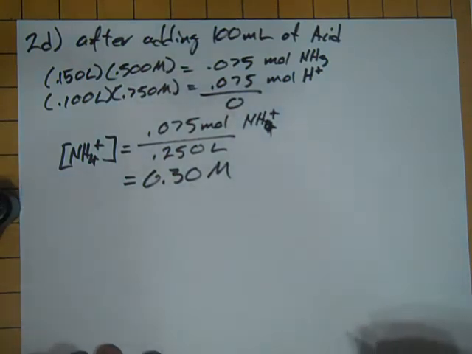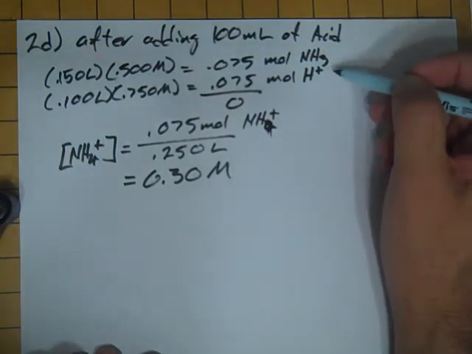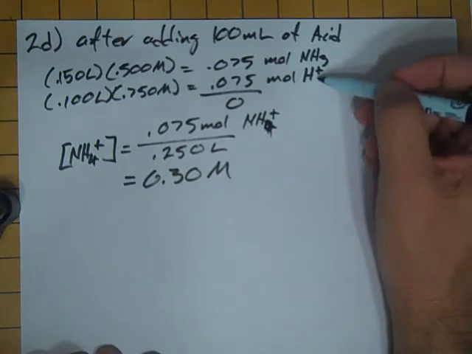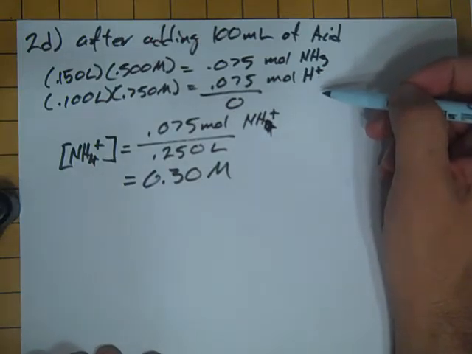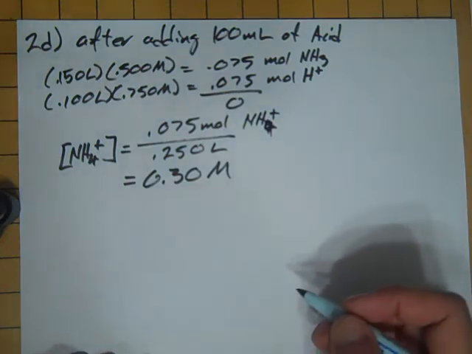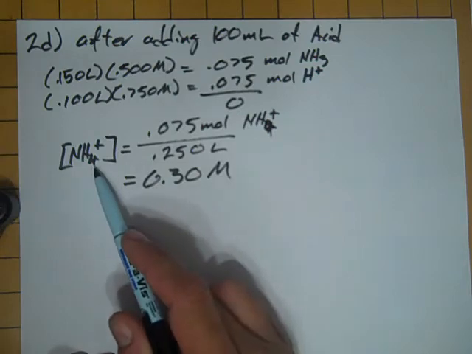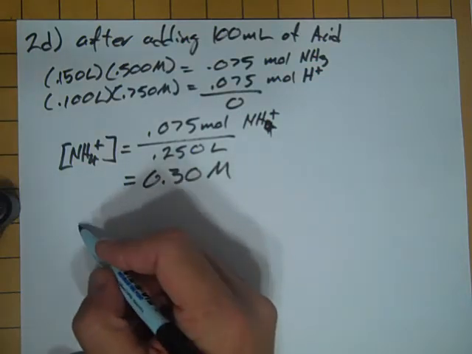Now, since all of the NH3 is gone, it's totally been reacted. And because I've been adding acid, I have not been accumulating OH. So this means at this point, the equivalence point, I only have NH4 plus in water.